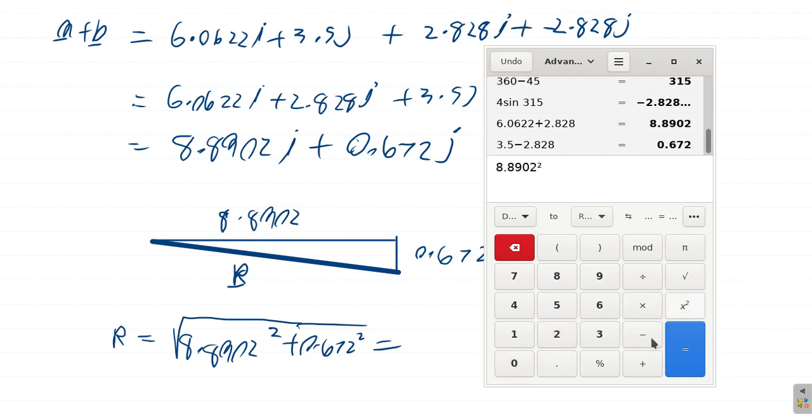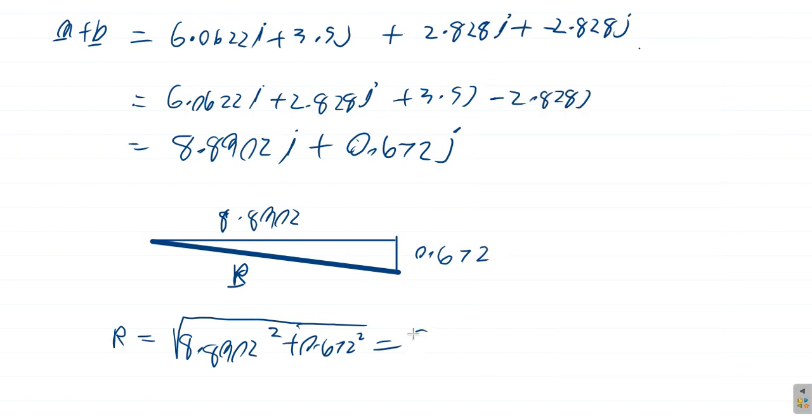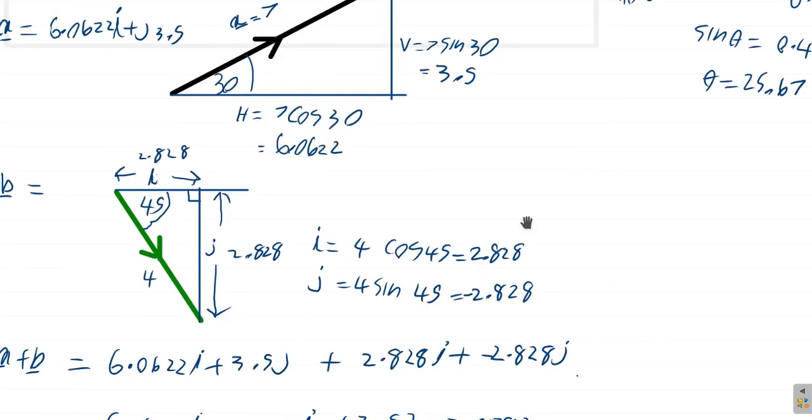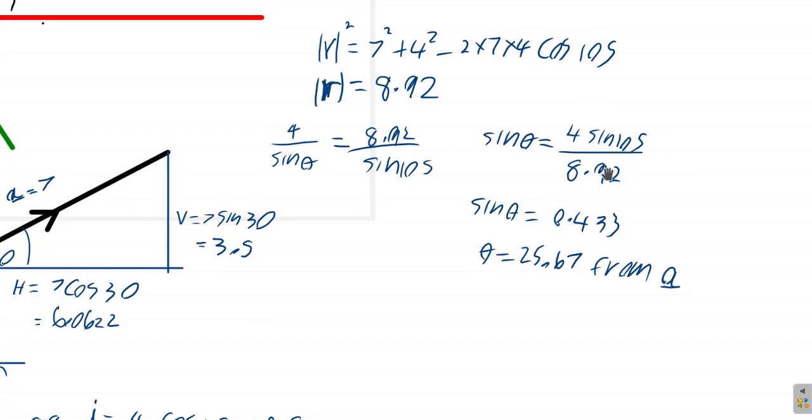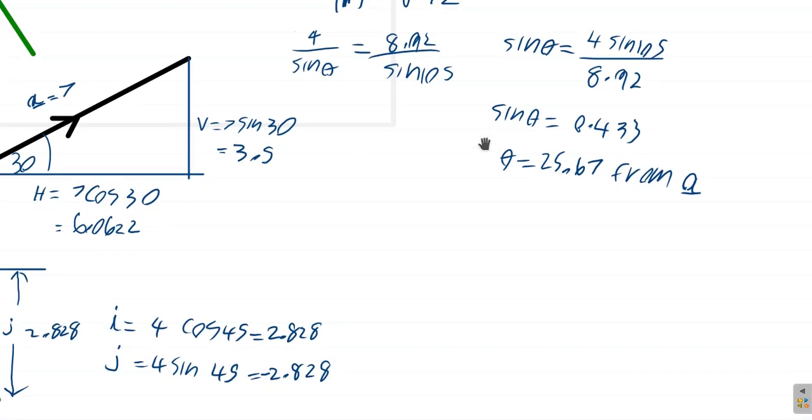Then you square root that, and you get 8.92, same as what we got up here.